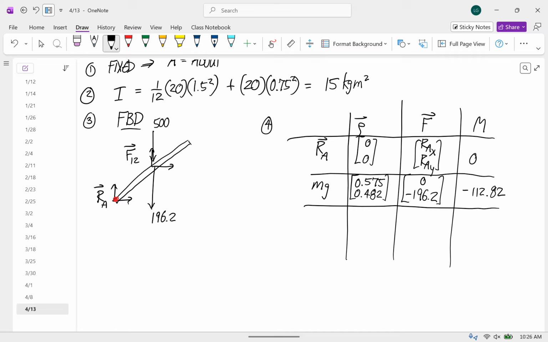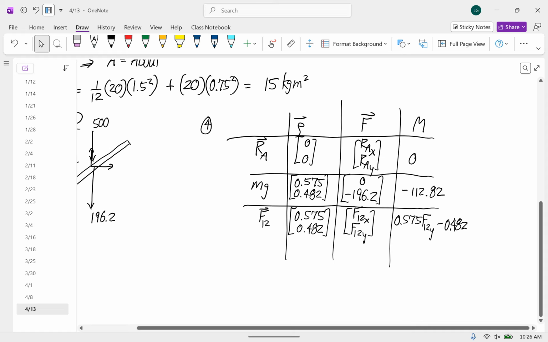Then the force vector F12, it's at the same point as that weight force, so the row vector is the same. The force is F12x, F12y. The cross product is 0.575 F12y minus 0.482 F12x.